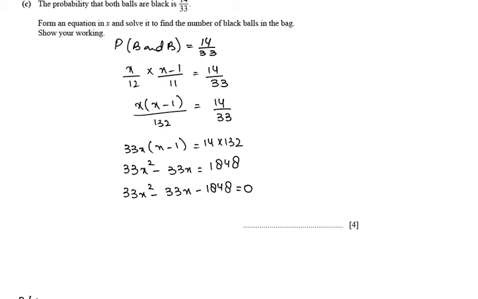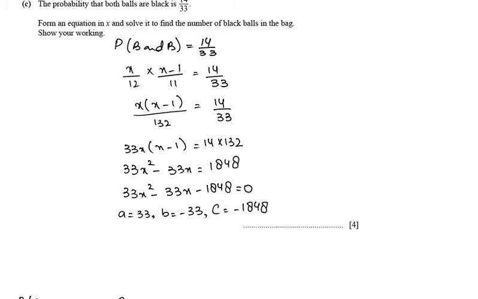Here you will apply the quadratic formula, and then when you simplify it you will get two values of x. So here the value of a is 33, the value of b is minus 33, and the value of c is minus 1848.